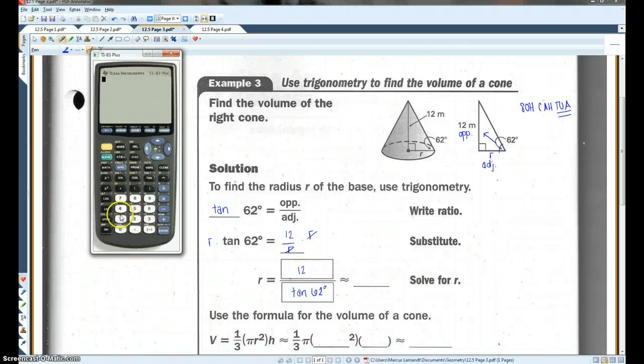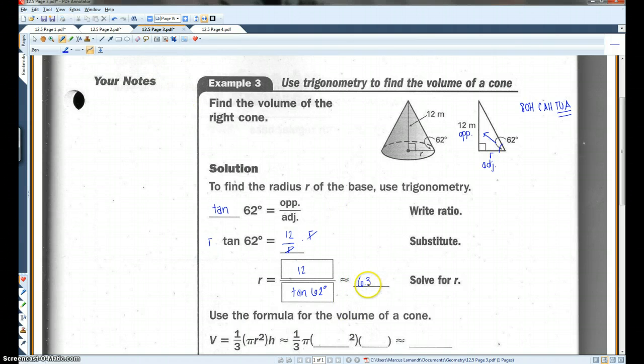Before we do that, let's make sure the mode is in degrees. There we go. Now we can go 12 divided by tangent of 62 degrees. 6.38, and this is meters.